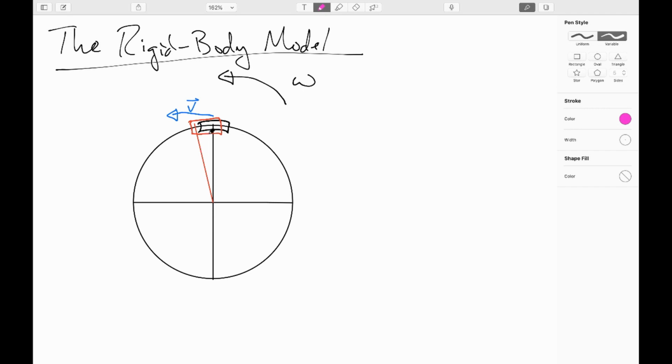Let's see if we can draw a little better. There we go. A force due to tension directed into the center of the spoke, into the hub. And so this way, that chunk of bike wheel knows how to move around the hub in a circle.